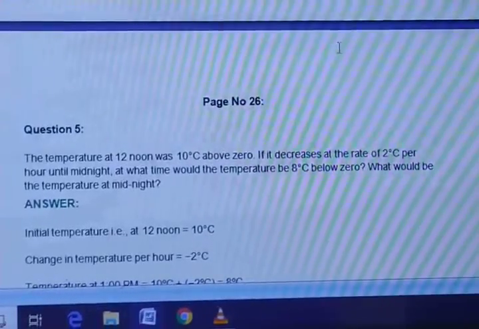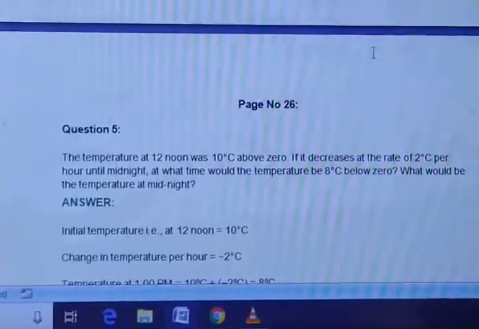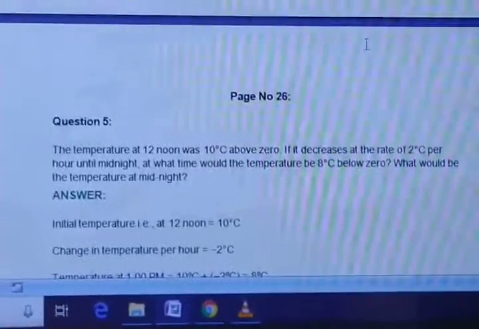I hope all of you have written this question number 5. Now let's start writing the answer.